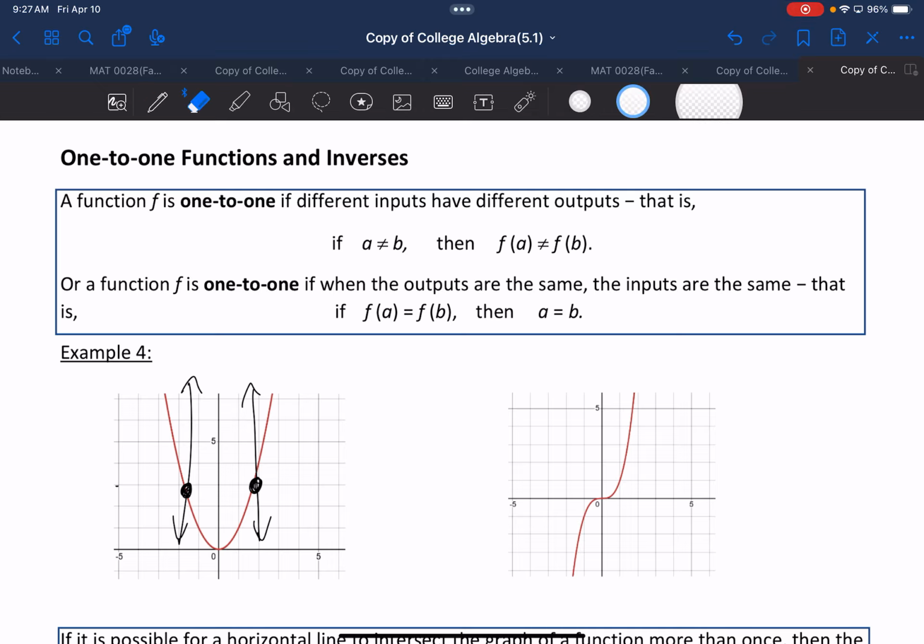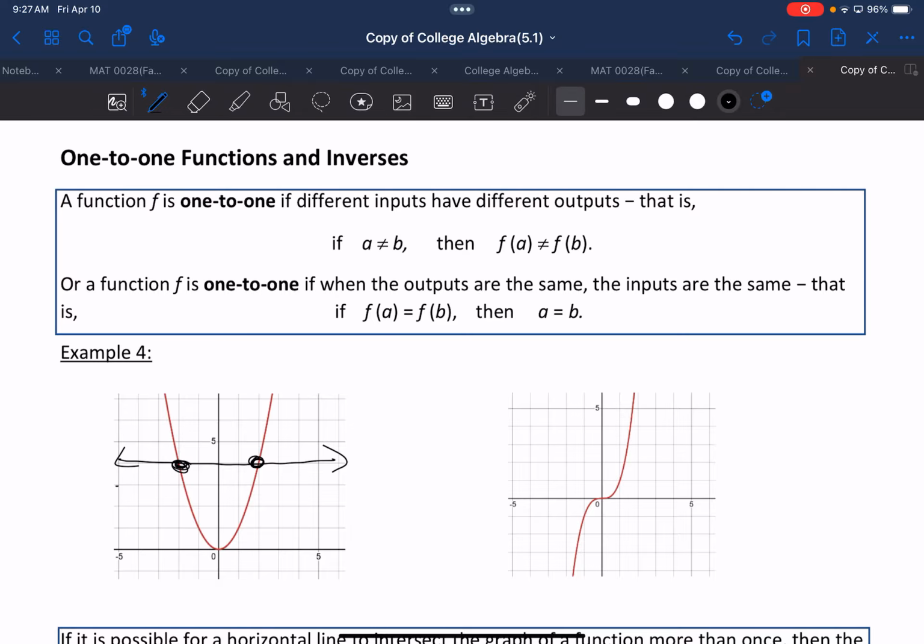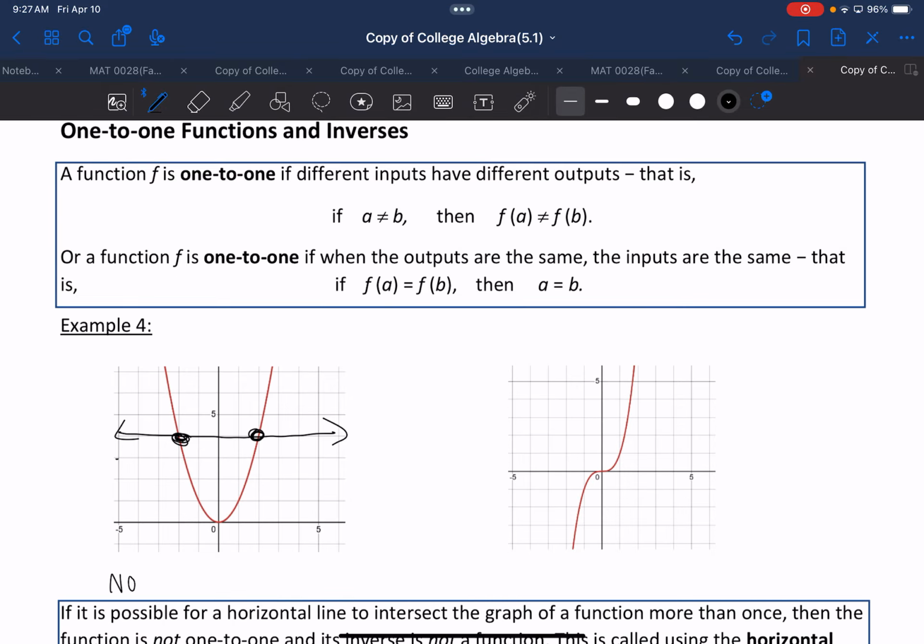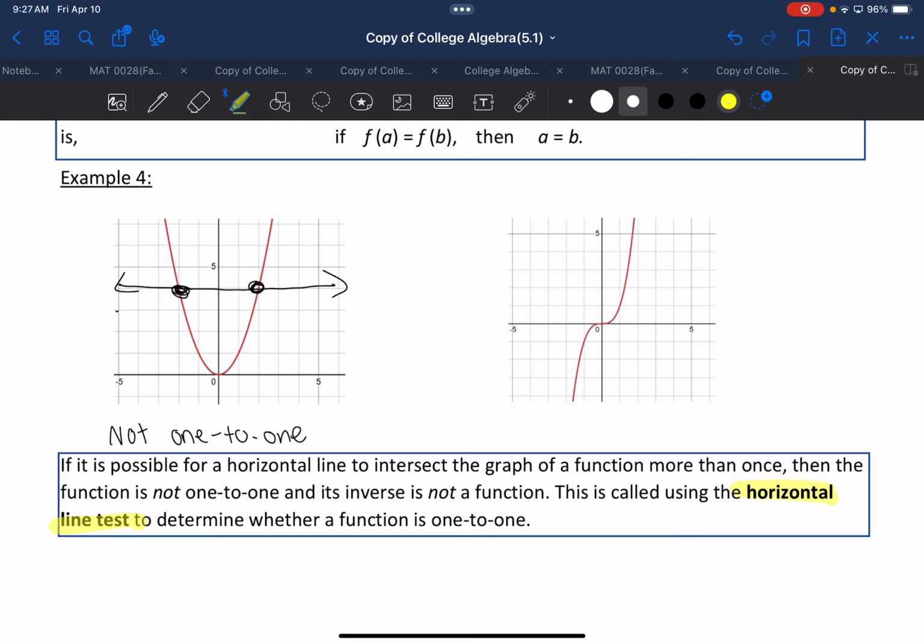So these 2 points have the same y value, which is fine with functions. But for one-to-one functions, neither one can repeat. So the x's can't repeat now, and the y values cannot repeat. So because this first graph here, the parabola, I have y values repeating here, this function here is not one-to-one. And what I just used is technically a horizontal line test, which you'll see down here.